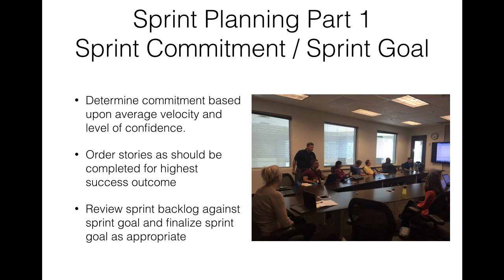Once we have a sprint commitment in place and we have a sprint goal in place, the team should order the work in the sprint in the proper order that they should work during the sprint. That might be the product owner's priority on the product backlog, but it doesn't have to be.